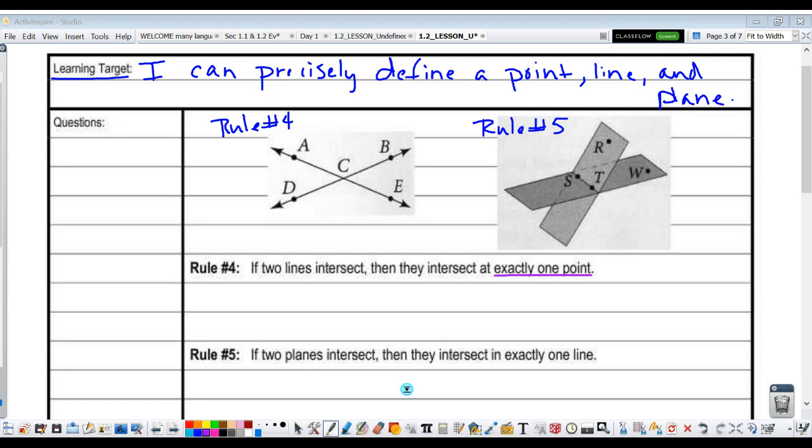So here we have line AE and line DB, and they're intersecting at point C. So we can say that line AE and, need the arrows, line DB intersect.